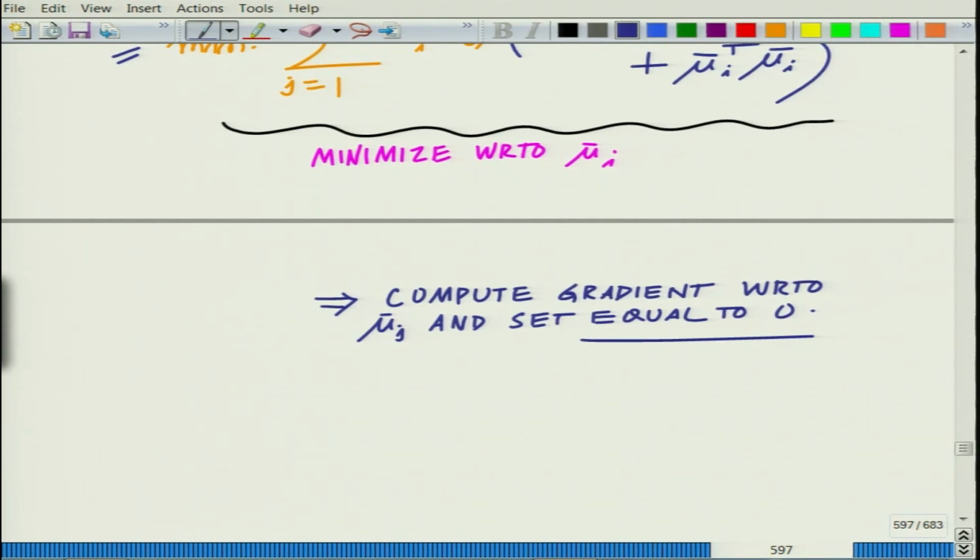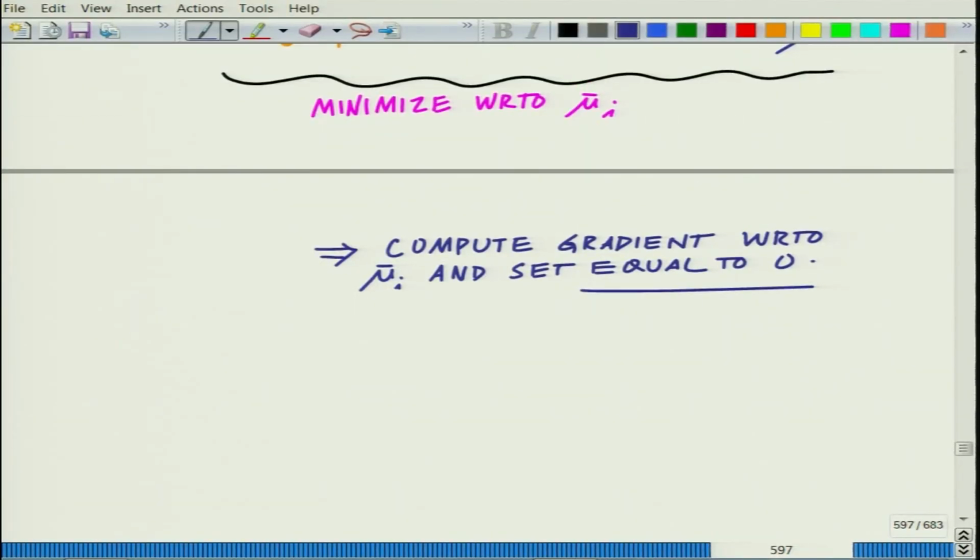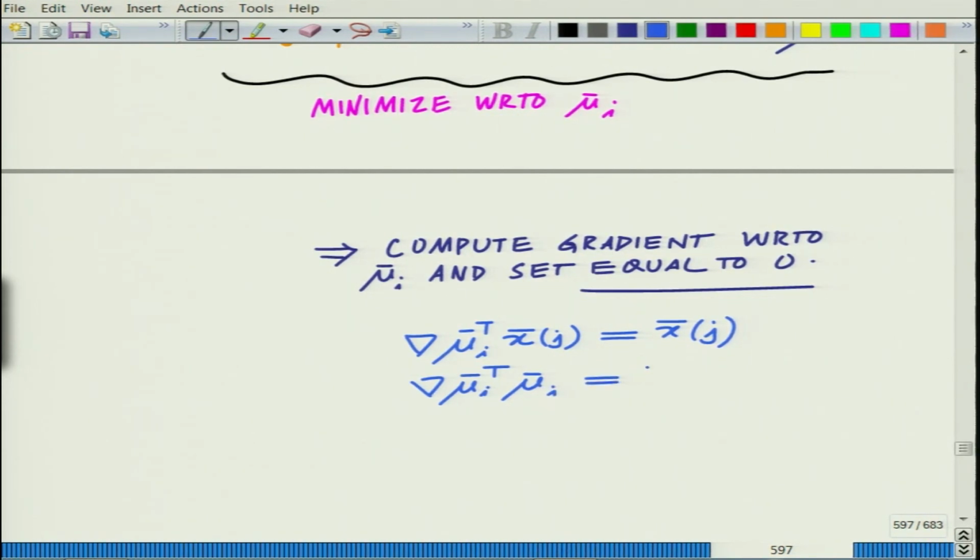The reason is that mu bar i is a vector, and how do you minimize with respect to a vector? Compute the derivative with respect to each component of the vector, which is nothing but the gradient, and set it equal to 0. We use the following principles: the gradient of mu bar i transpose x bar j is equal to x bar j, and the gradient of mu bar i transpose mu bar i is equal to twice mu bar i.